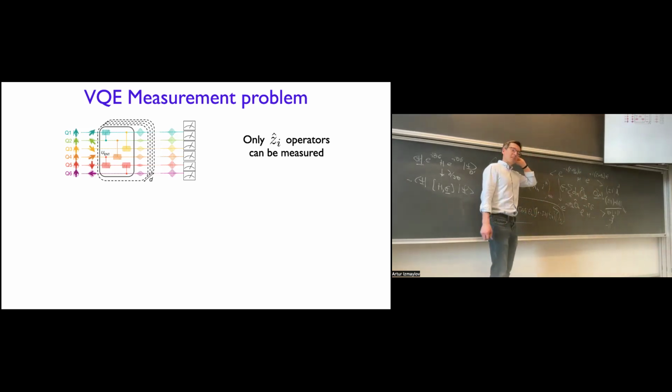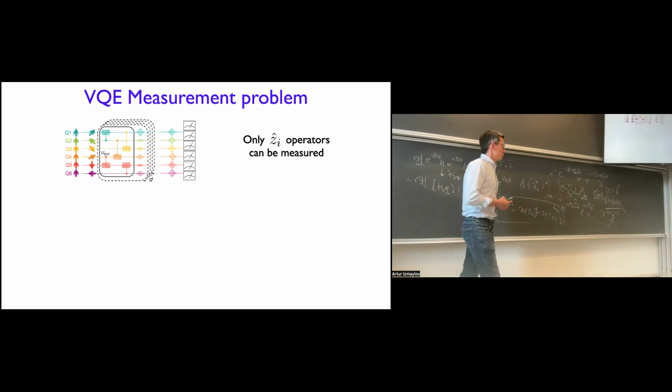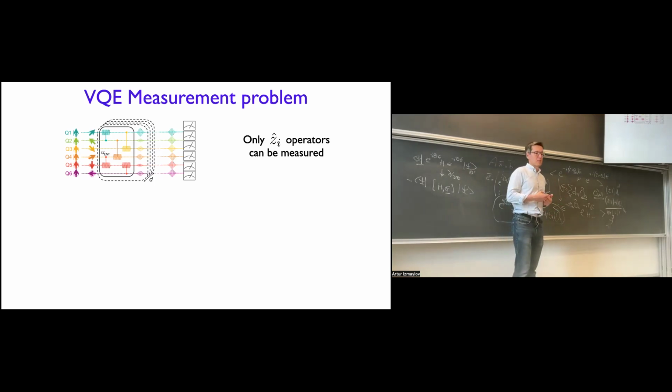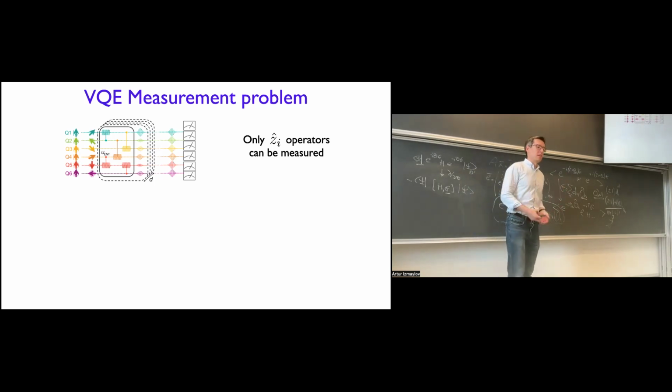Another thing that comes to mind is that there are multiple architectures, and usually the architectures which are really good at measuring these z operators are superconducting architectures, because there we can do many measurements within a minute. It's not quite as good as 1 million per minute, but it's definitely 100,000 within a minute.